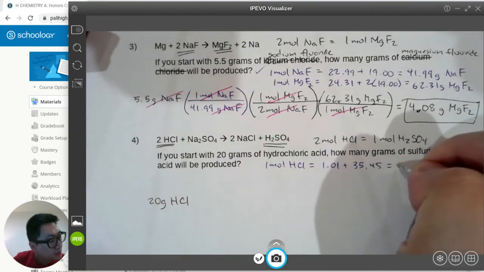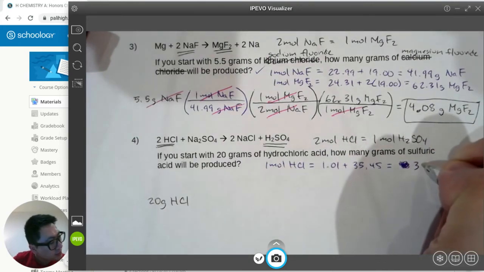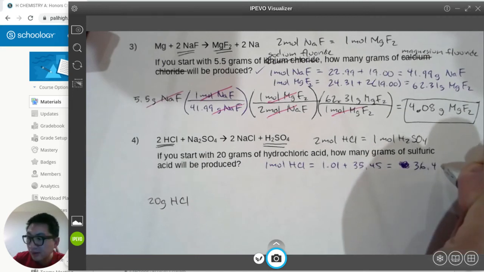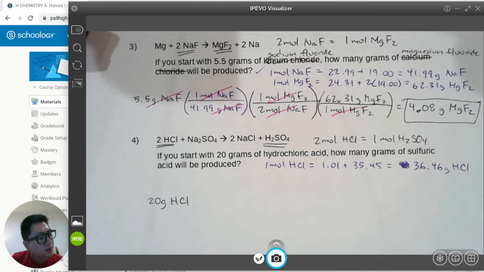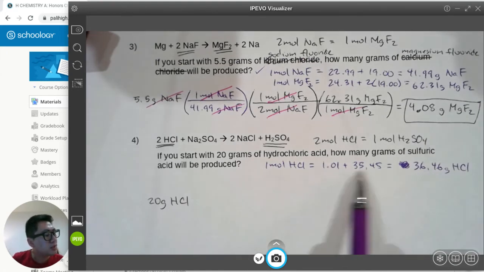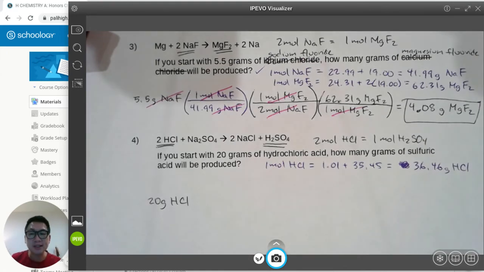And add that up, that's 36.46. How do I know hydrogen's 1.01, chlorine's 35.45? It's on the periodic table. You have to look it up. You don't memorize that. Well, you can if you feel like it.